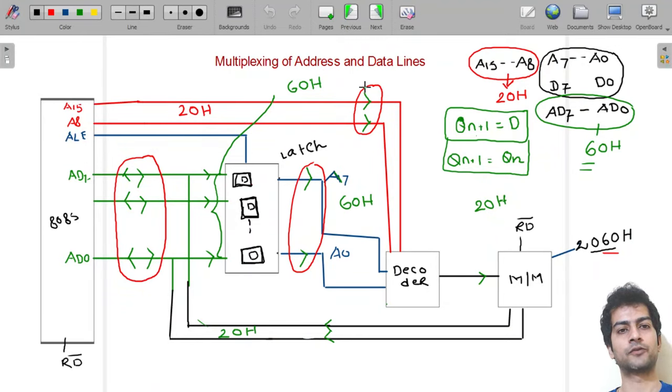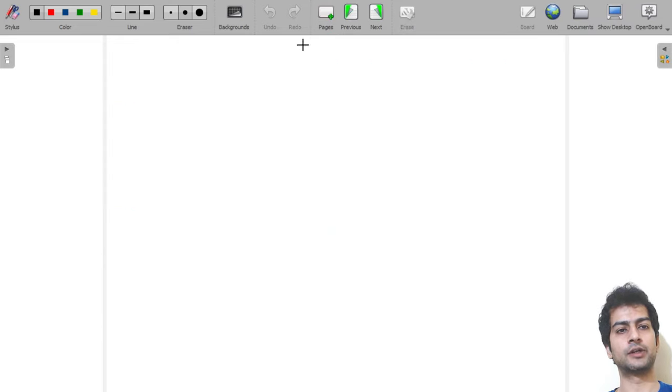So now, after this discussion of multiplexing of address and data lines, we can conclude one important result. If ALE pin is high, then all 16 address lines are acting like an address bus.